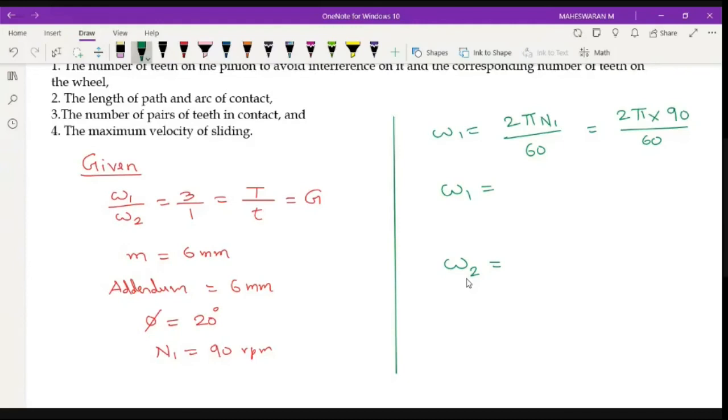We know that omega 2 is equal to omega 1 by 3, so I have to divide it by 3. We are getting 3.14 radians per second. Okay, I got this value.